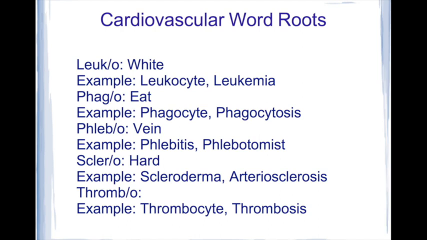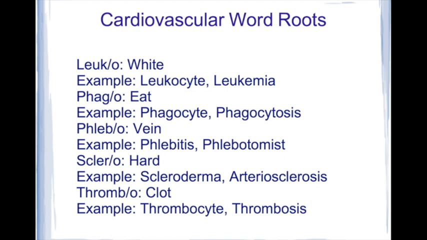Thrombo, like thrombocyte or thrombosis. Thrombus. What is a thrombus? Something that we should probably watch out for if there's one floating around in the bloodstream. Not a good thing. Deep vein thrombosis is when we have what in the veins, usually in the legs. A thrombus, thrombo means clot.